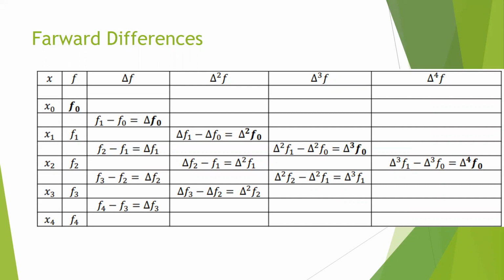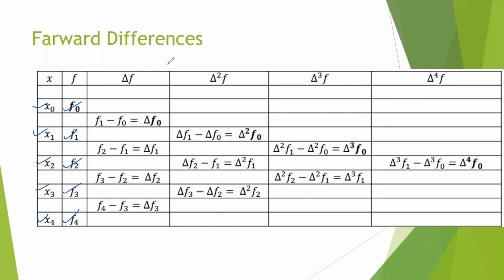The process of calculating that unknown value is interpolation. Here the two variables are given as x and f. The x values are x0, x1, x2, x3, x4, and their corresponding f values are f0, f1, f2, f3, and f4.